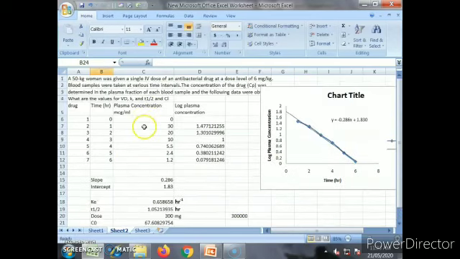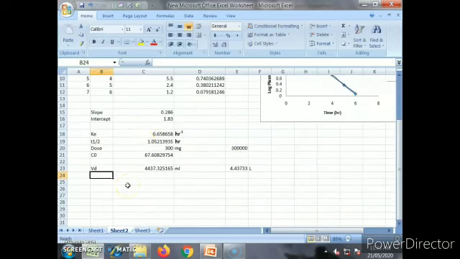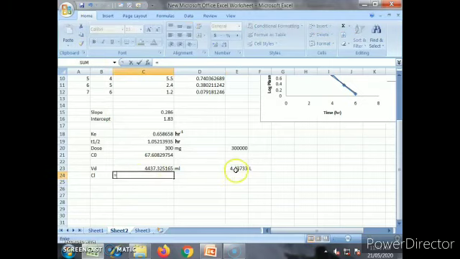Then next we have to remove the clearance. The formula to remove the clearance is Vd into Ke. So we take this value Vd into Ke.